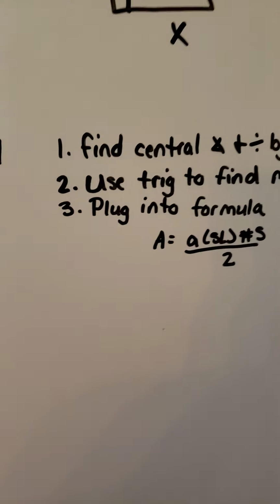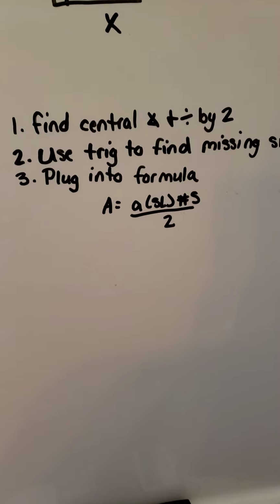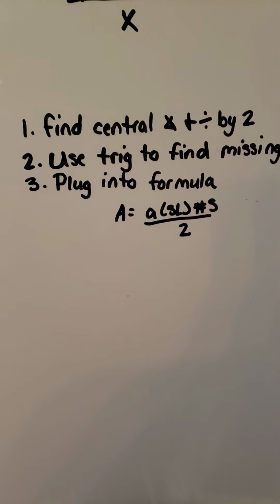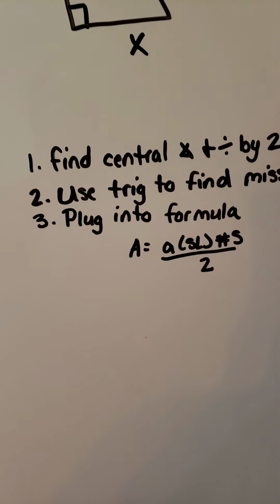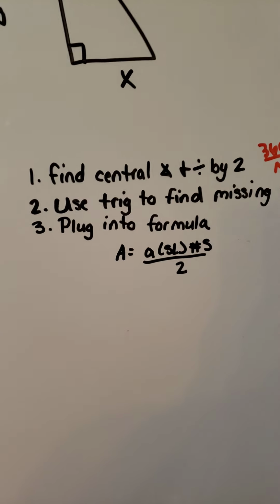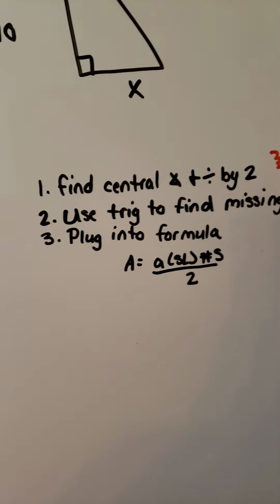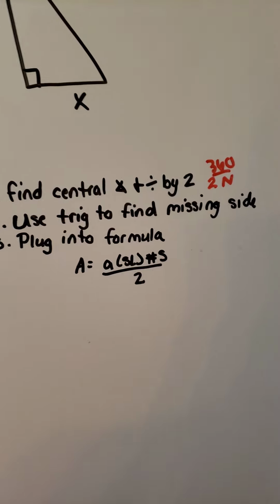Okay, for day 4 problems, you're going to follow 3 steps. You're going to find your central angle. Okay, you did that in day 1. So you're going to take 360 divided by your number of sides. Once you find that value, you're going to divide that by 2, whatever answer you get. Some of you can do 2n. I don't want to mess you up with the formula.